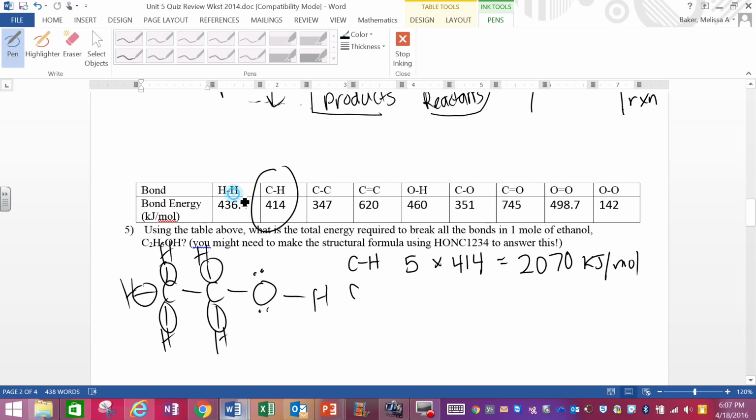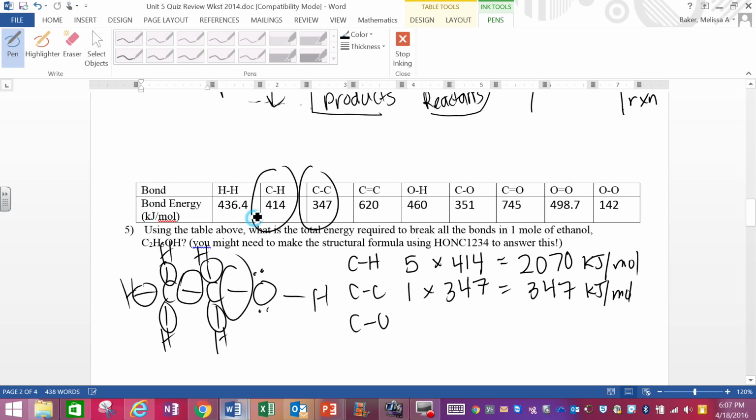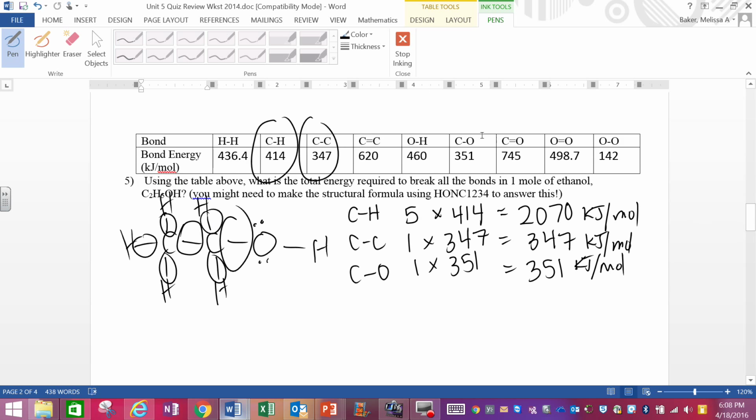Next, let's do carbon-carbon bonds. There's only one of these that I see, and according to this table, it takes 347 kilojoules per mole. We've got more bonds to break. Next, let's do the CO, the carbon-oxygen bond. There's one of those. It takes 351 kilojoules per mole. And finally, there's one more bond, an OH bond.